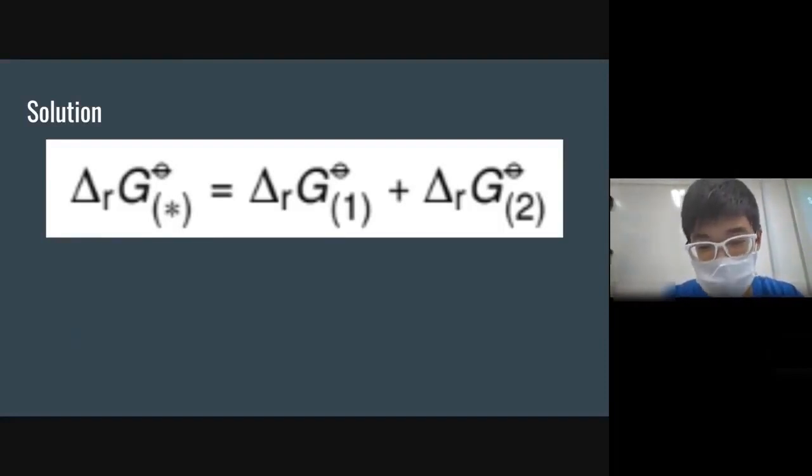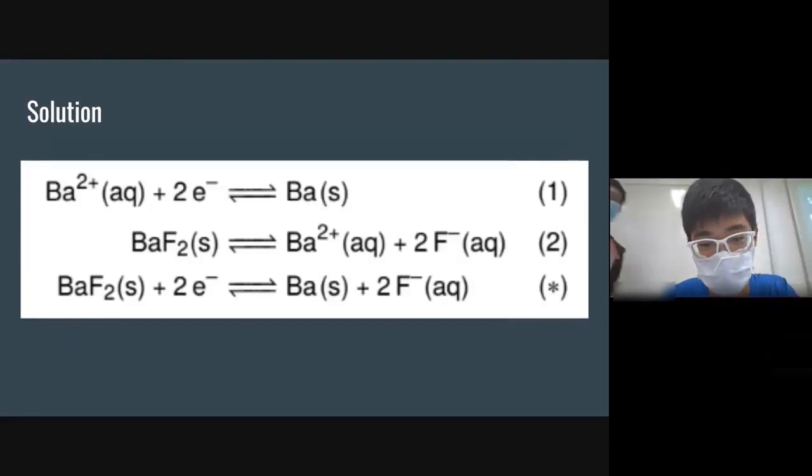It's a state function, so you can add them together. This is by Hess's law. You take the standard Gibbs free energy of the first two equations and add them together, and you get the standard Gibbs free energy of the last equation. So to recap, these are the equations that we are referring to.